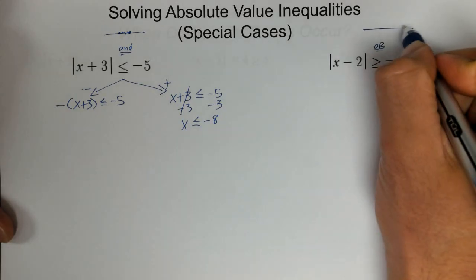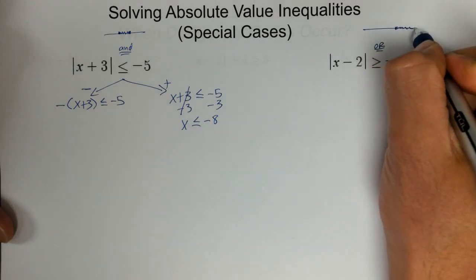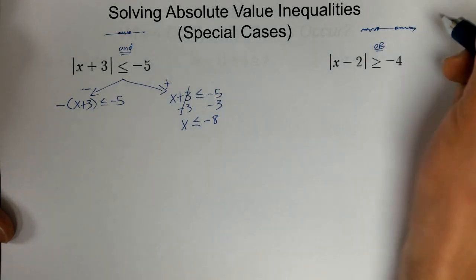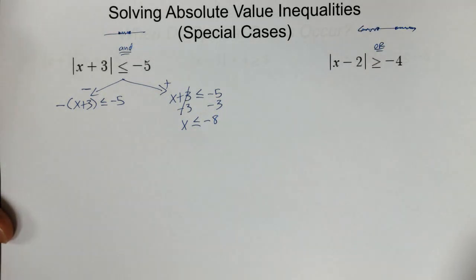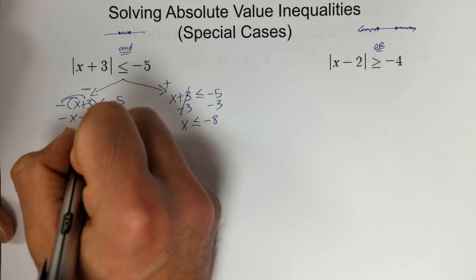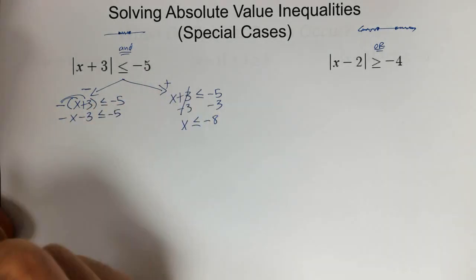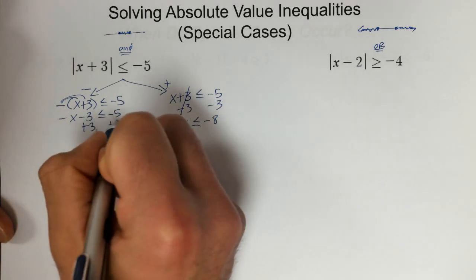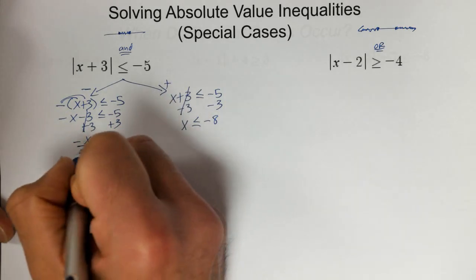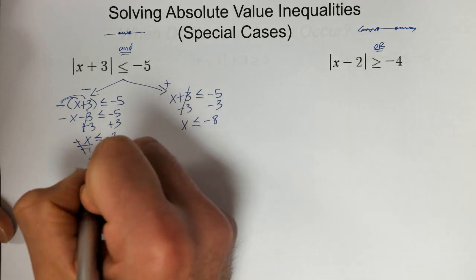And or was when we were dealing with 2 different sides. That's where I'm visualizing where things are going, right? So, as I solve for this, negative x minus 3 less than or equal to negative 5. Let's solve for this and see what happens. Negative x is less than or equal to negative 2. When I divide, it flips over.